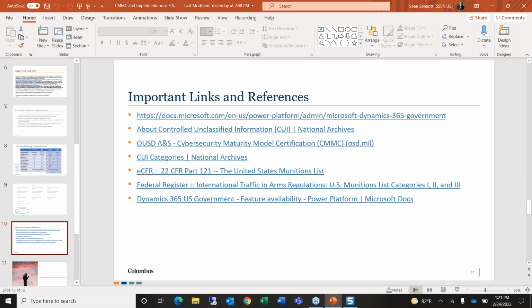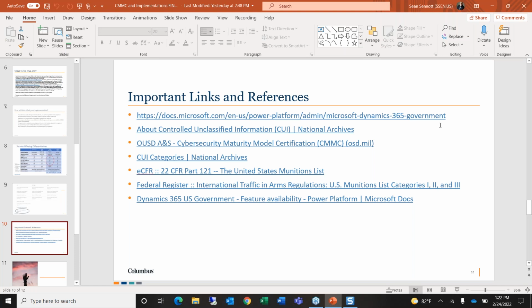Okay, so I wanted to show you some of the important links and references. These will be included, of course, in the presentation that you will be sent at the end of this. For Microsoft, I've listed some of the links about what Microsoft is doing about it.